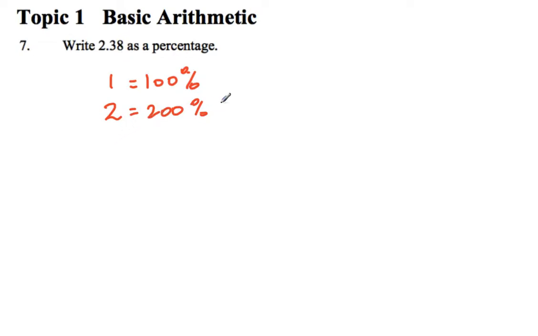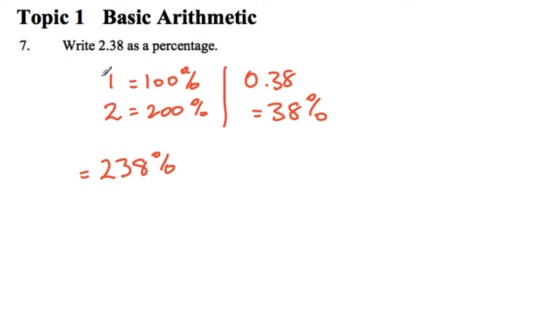So we put together that idea along with the idea that 0.38 would turn into 38%, because the two digits straight after the decimal point end up being like the percentage digits. So we're really putting those two ideas together, and we'll get a final answer of 2.38 as a percent of 238%. Because 2 point something is bigger than 2, it's 238% there for our final answer.